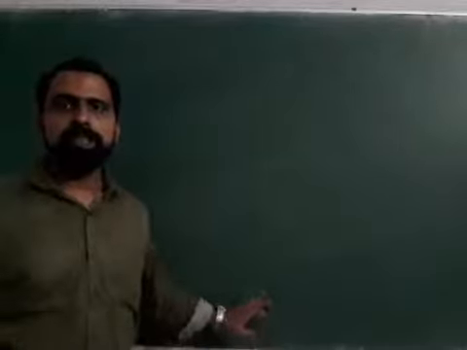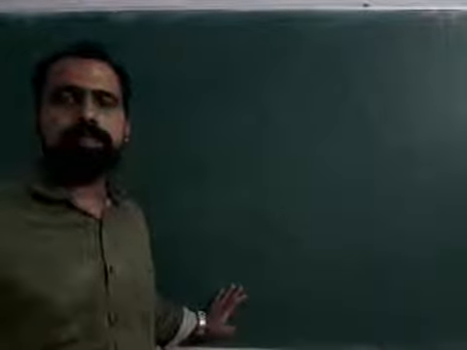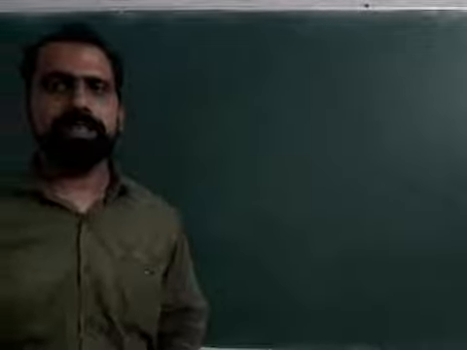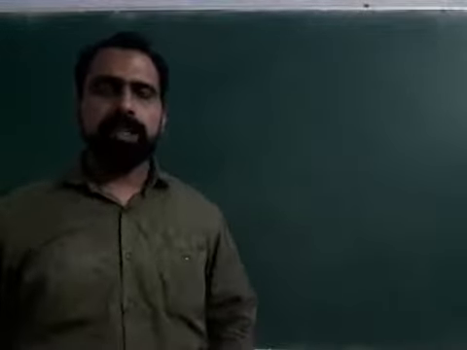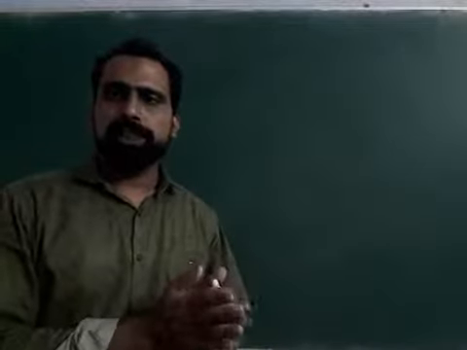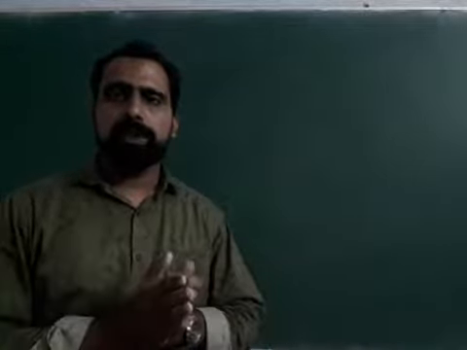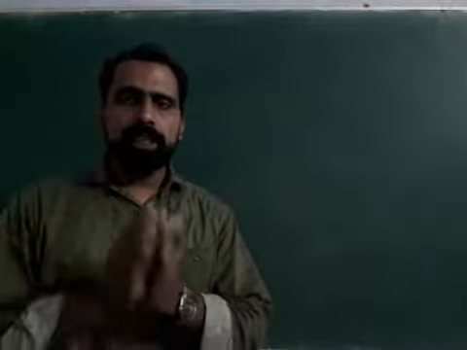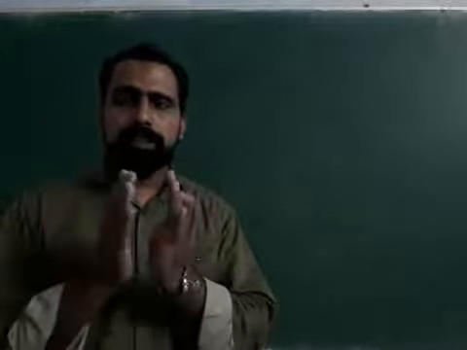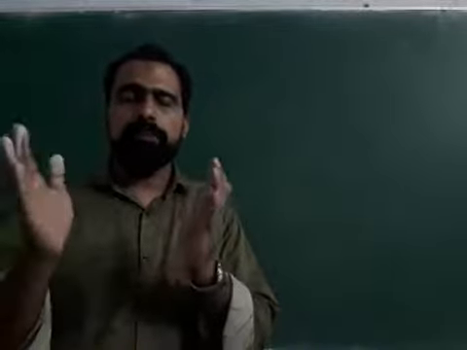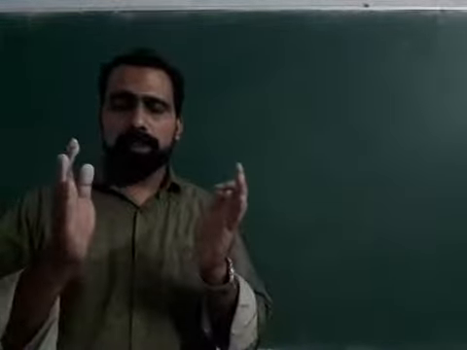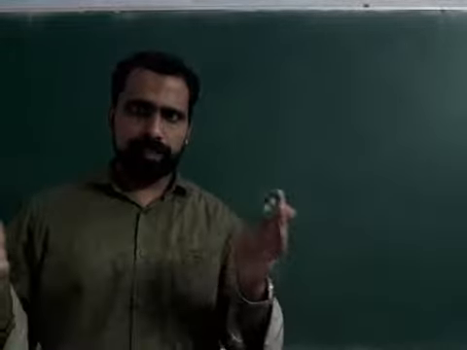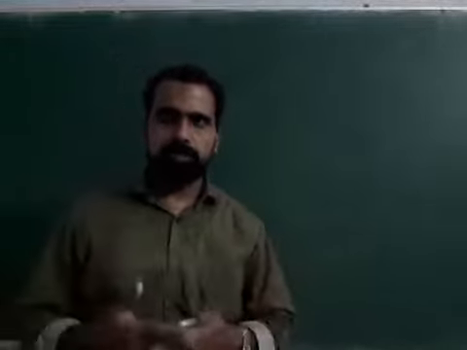Hi students, in the last class we were discussing the distinguishable particles and their distribution function, and after that we came to quantum statistics where we discussed the symmetric and anti-symmetric wave functions. These wave functions are associated with fermions and bosons, which are indistinguishable particles whose wave functions overlap.